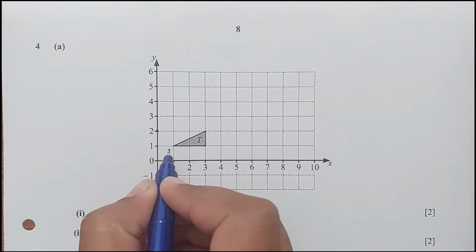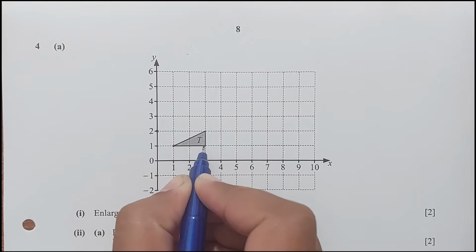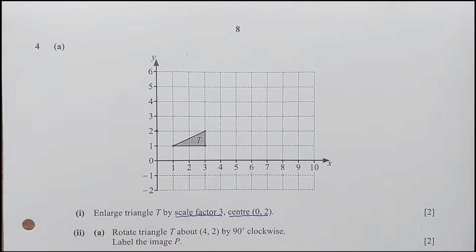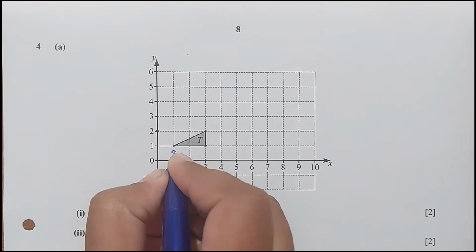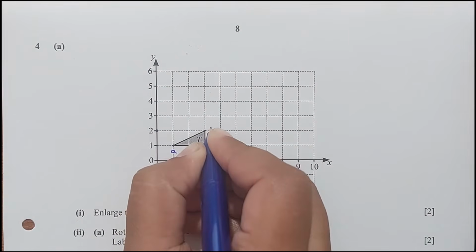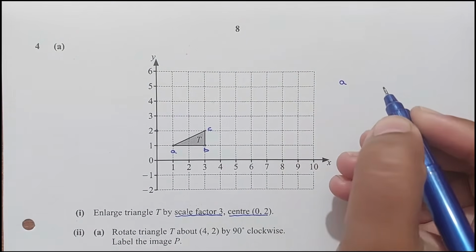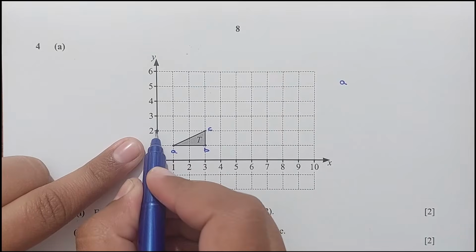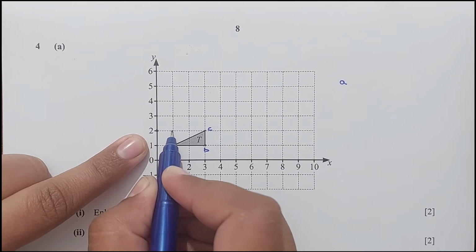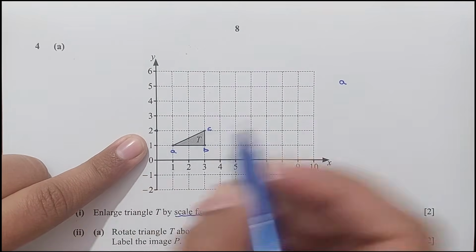So for this, let me name the vertices. Let's say this is A, B, and C of the triangle, right? So for A, we have to find the distance of the vertex from the center, which is 1 unit to the right and 1 down.